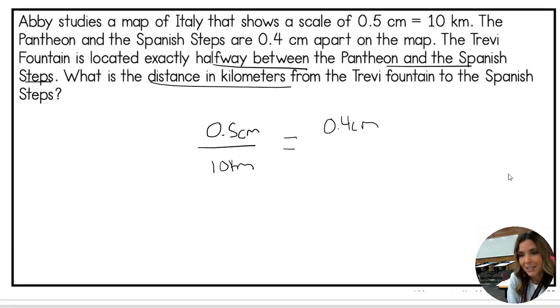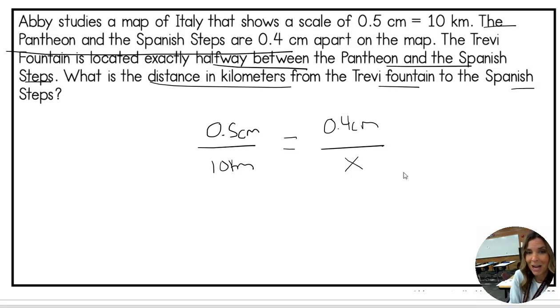What is the distance in kilometers from the Trevi Fountain to the Spanish Steps? Okay, so the Pantheon and the Spanish Steps are 0.4 centimeters apart. So let's find out what that actual distance is, and then we can divide that by 2, because it tells us the Trevi Fountain is halfway between the Pantheon and the Spanish Steps.